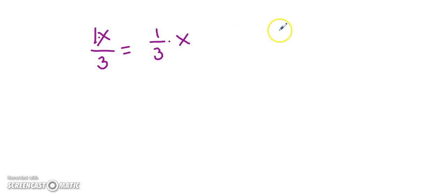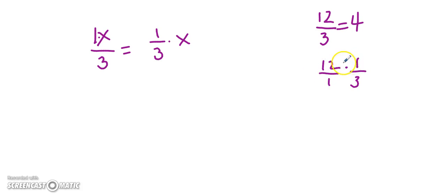Let's explore that real quick in a real problem. 12 divided by the 3 is 4. What if I took 12 and I multiplied it by 1/3 like I just suggested? I'd give a denominator 1 and I'd multiply straight across. 12 times 1 is 12. 1 times 3 is 3.